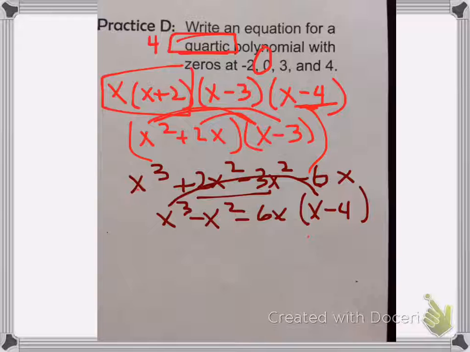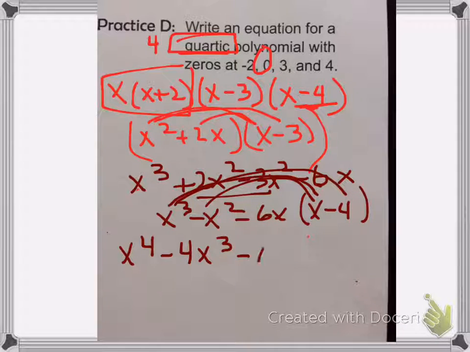So you have x cubed times x, which is x to the fourth, x cubed times 4, which is a minus 4x cubed, negative x squared times x, which is a negative x cubed, negative x squared times 4, which is a positive 4x squared, negative 6x times x, which is a minus 6x squared, and a negative 6x times a negative 4, which is a positive 24x.